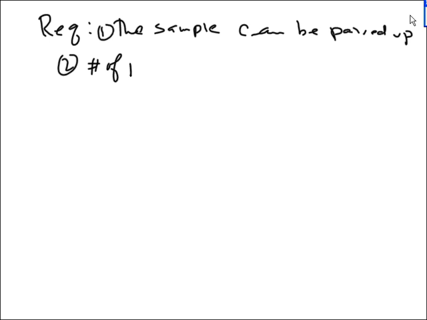The number of pairs must be greater than 30, or the set of differences must be normally distributed.